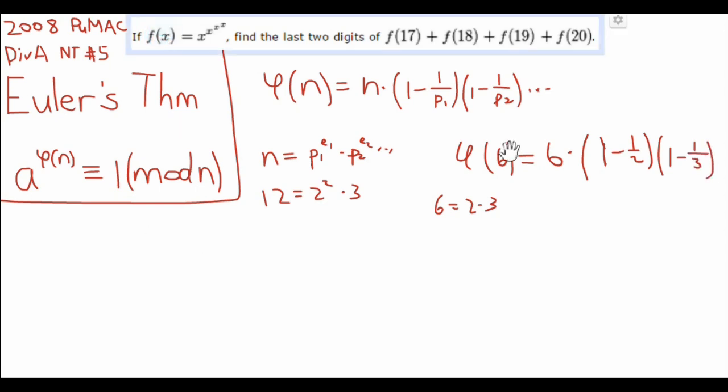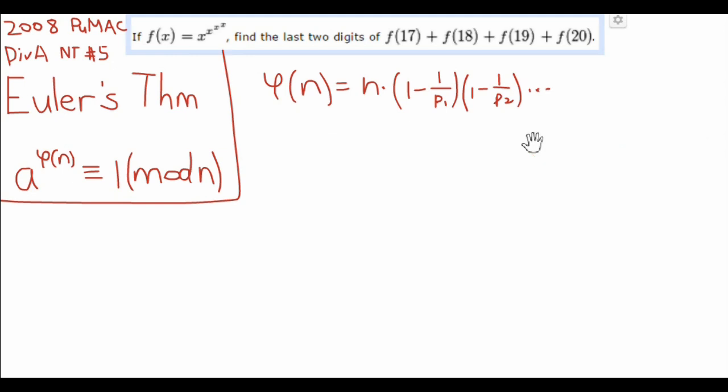So this is 1/2, this is 2/3, 6 times 1/2 times 2/3, these two cancel out. So 6 times 1/3, which is equal to 2. And we confirmed that the totient function of 6 is equal to 2 a few minutes ago. So this formula we just confirmed is correct. And I won't prove this because it's just going to take too much time for this video.